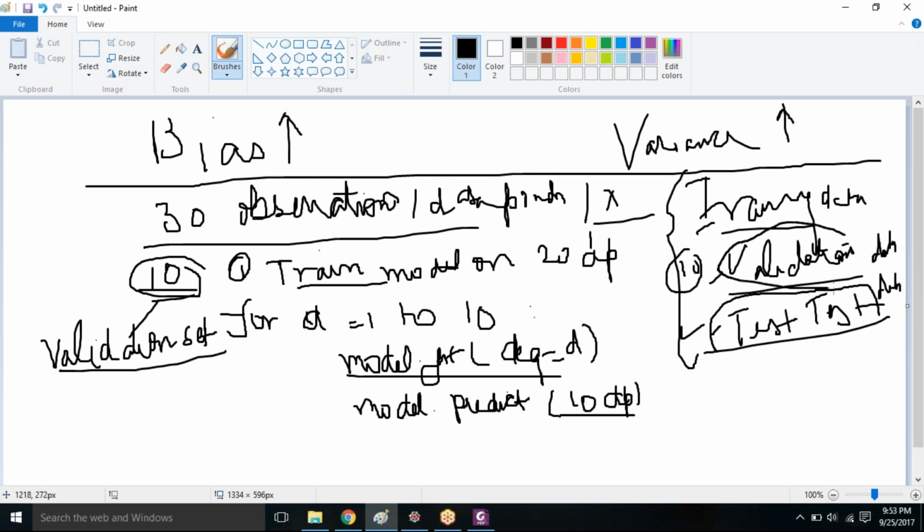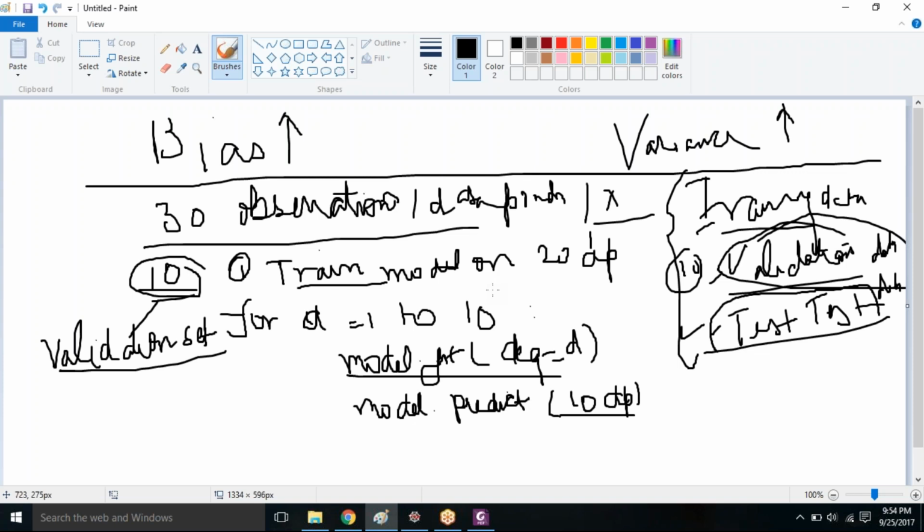Now why is this 10-point validation data set used? That is what I actually wanted to tell you. This 10-point validation data is also unseen data, completely new data. These 10 data points are not used while training the model, while fitting the model, while finding theta naught, theta 1, theta 2, theta 3, whatever parameters are there, while performing gradient descent and all those mathematics.